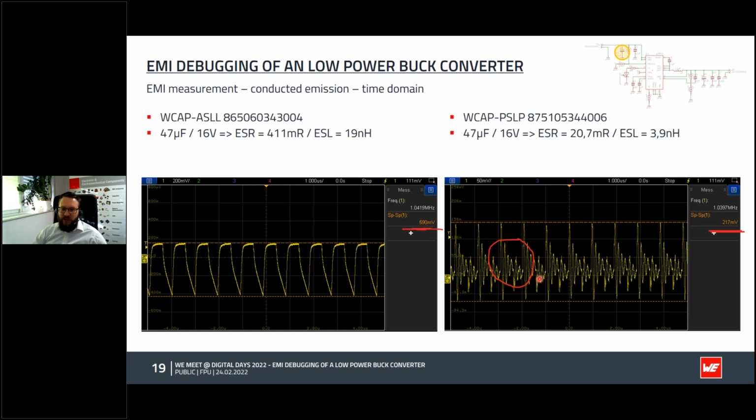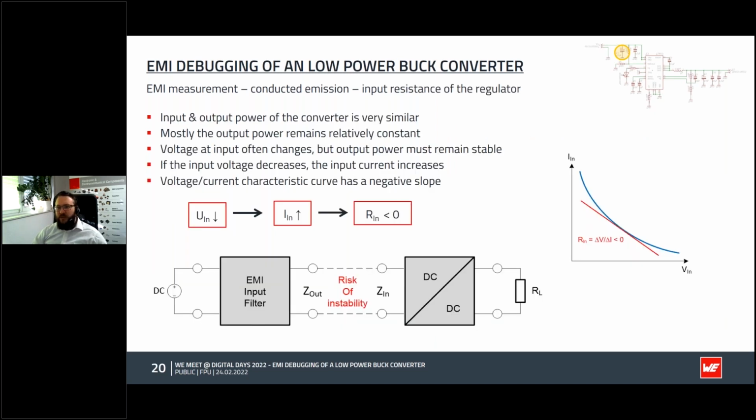So it decreases the limits or the emission. But maybe the oscillation causes problems in radiated emission or, in the end, with the stability of the converter. From the stability view, in the event of a voltage transient, oscillation may occur at a switching controller, also at the input.